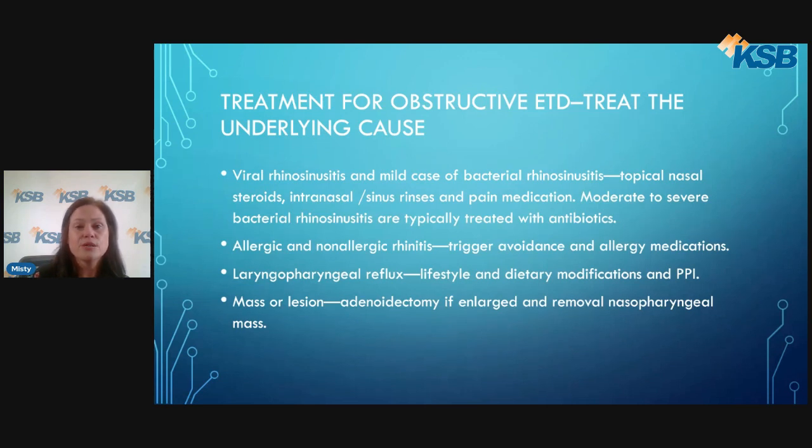Also, stop eating 3 hours prior to lying down. That is a modification that may help, and possibly even starting them on a PPI, or proton pump inhibitor, such as omeprazole, maybe a short course to see if that helps the acid reflux.